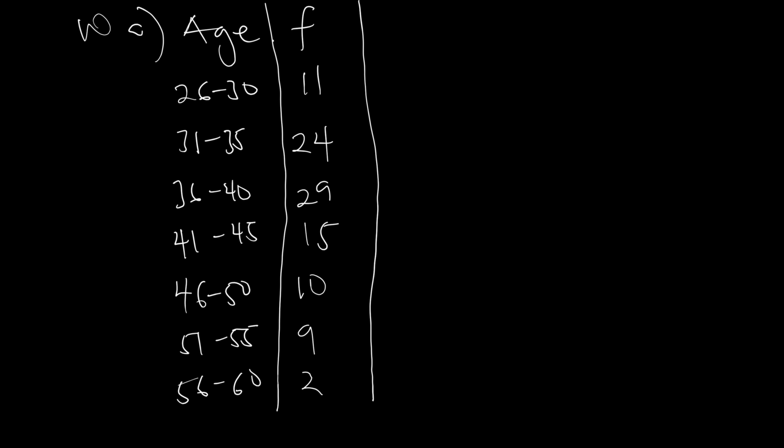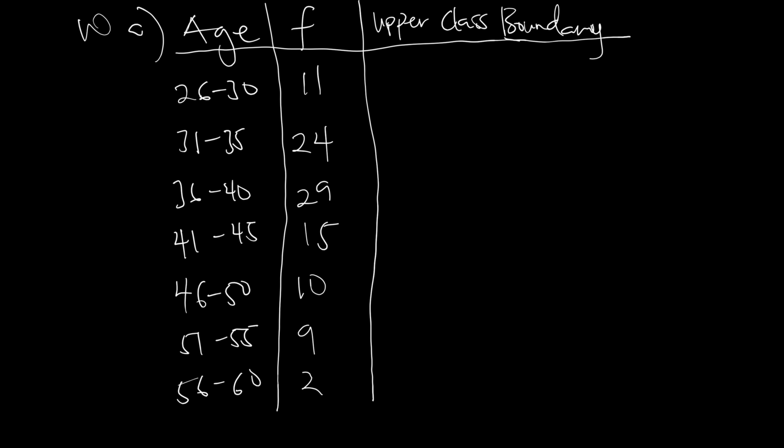In addition to these, we need our upper class boundary. Our upper class boundary can be obtained by adding 0.5 to our upper class limit. For this age range, our upper class limit is 30, for this is 35, for this is 40, for this is 45, and so on.